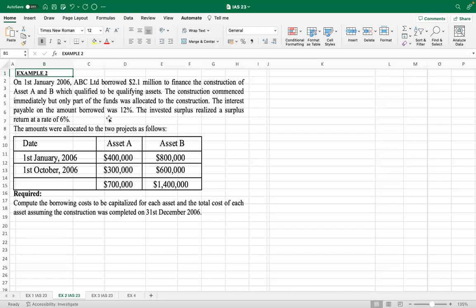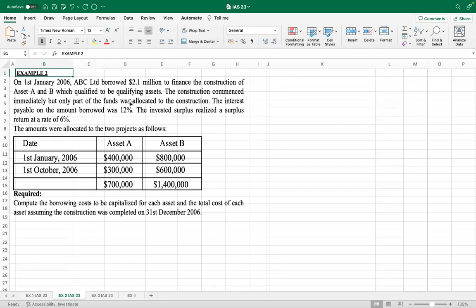What did we say? Any return on investment reduces the amount of borrowing cost to be capitalized. So the return from 6% will reduce the amount of interest to be capitalized. So let's look at the usage or allocation of the 2.1 million.